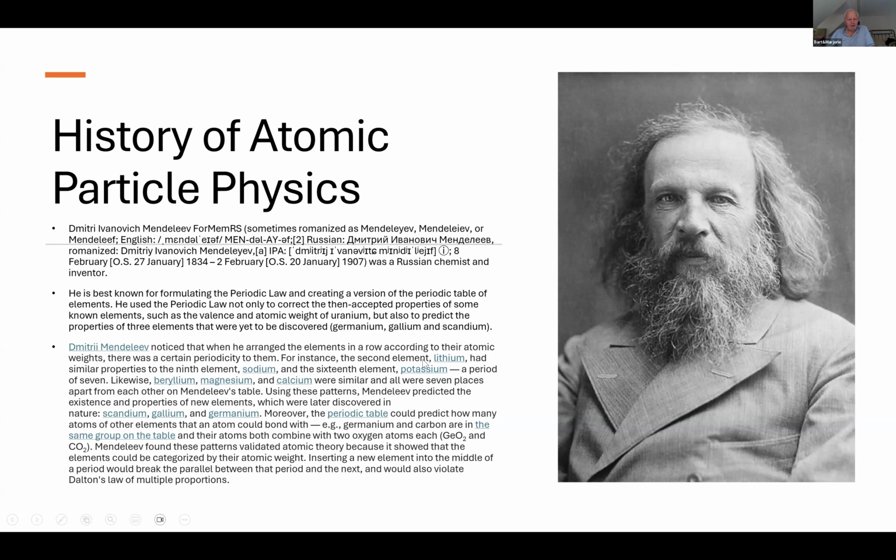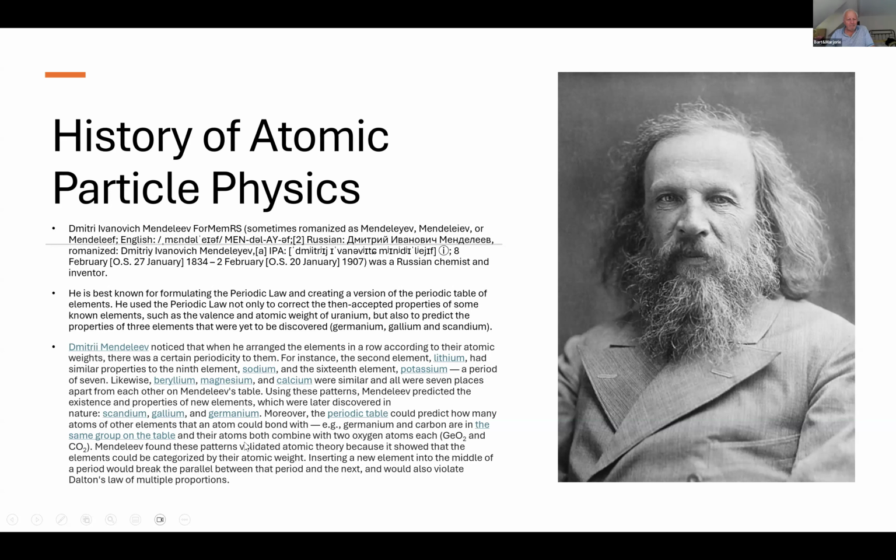So for example, the second element, lithium, had similar properties to the 9th element, sodium, and the 16th element, potassium, a period of 7. And similarly, beryllium, magnesium, and calcium were similar, and they were 7 places apart from one another.